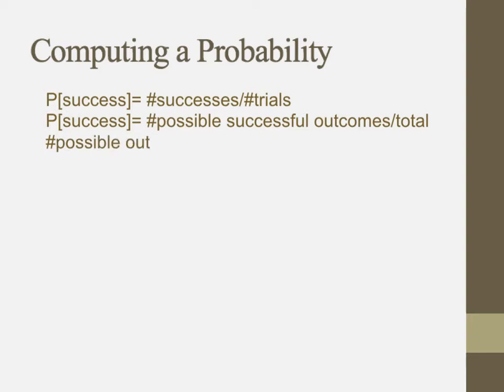So basically, what you're doing here is you are taking the possible successful outcomes, so what do we consider a success, and dividing that by what are all of the possible outcomes.